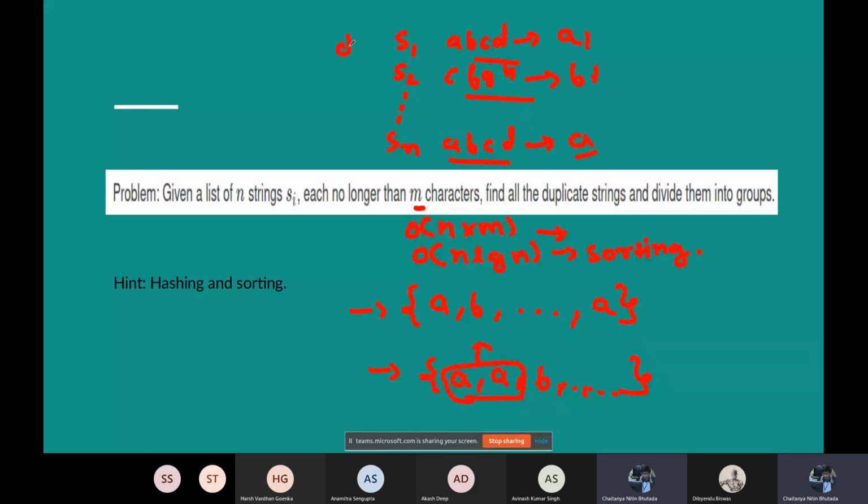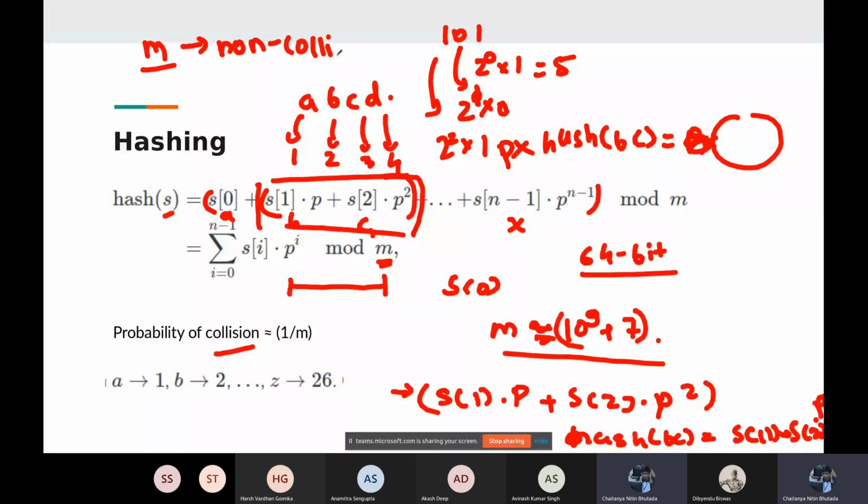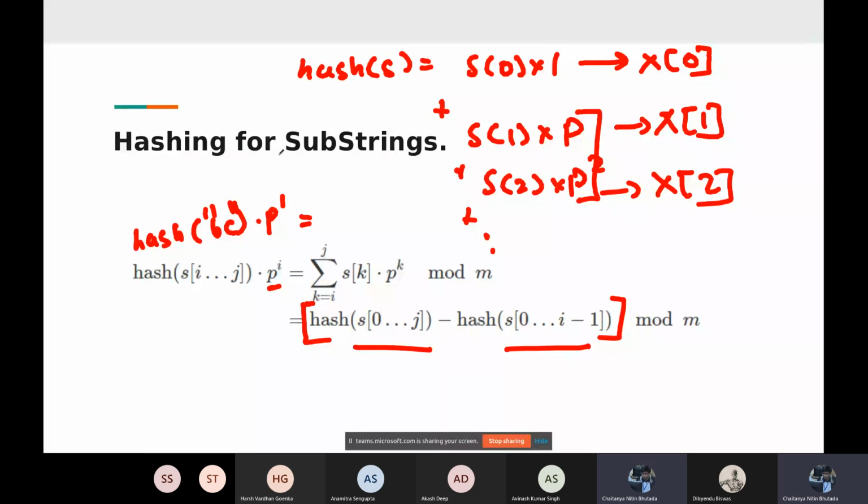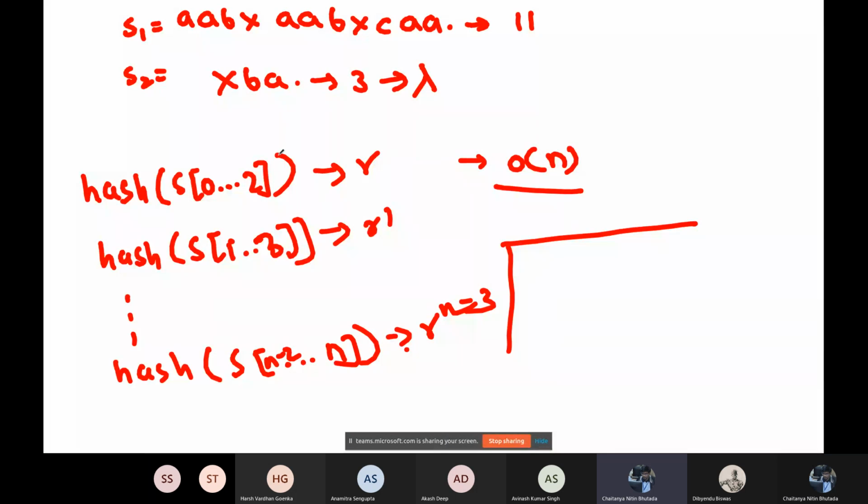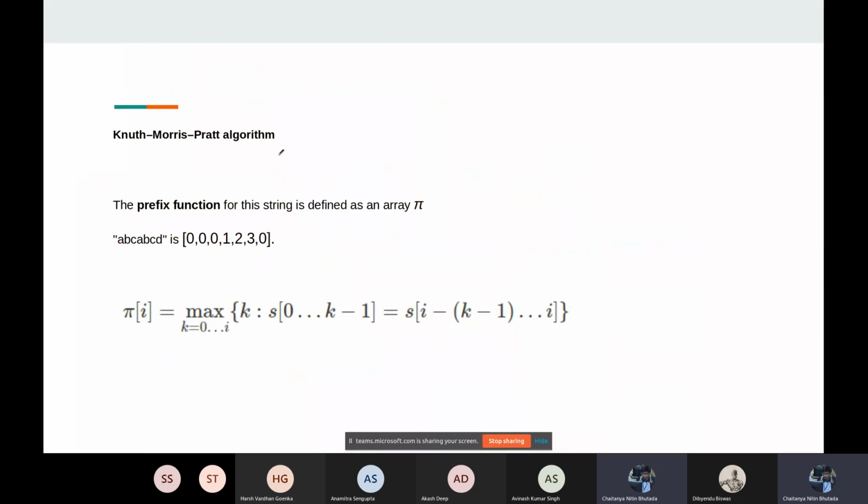So there can be at most n strings which are not collided. After that, by the pigeonhole principle, we can say that it cannot be that case. So we rely on a probability that it doesn't collide. So now we will look at a perfect solution to this problem.